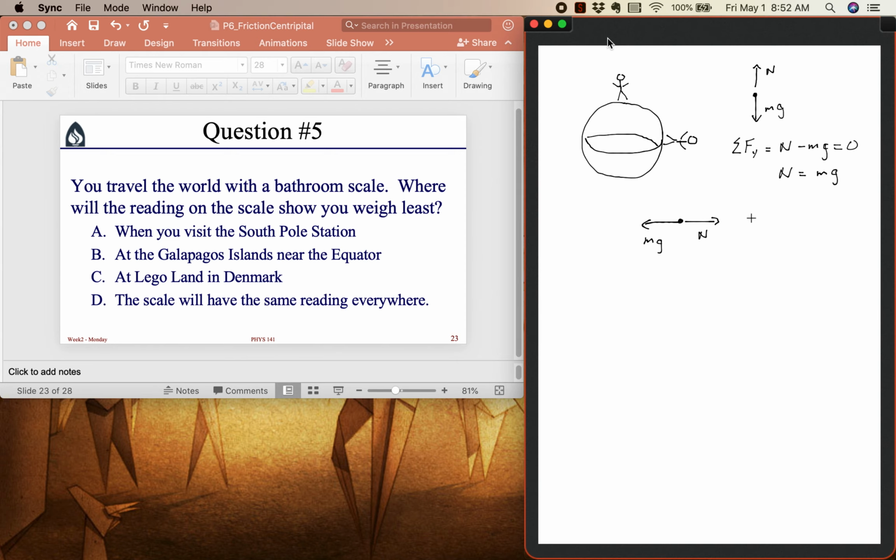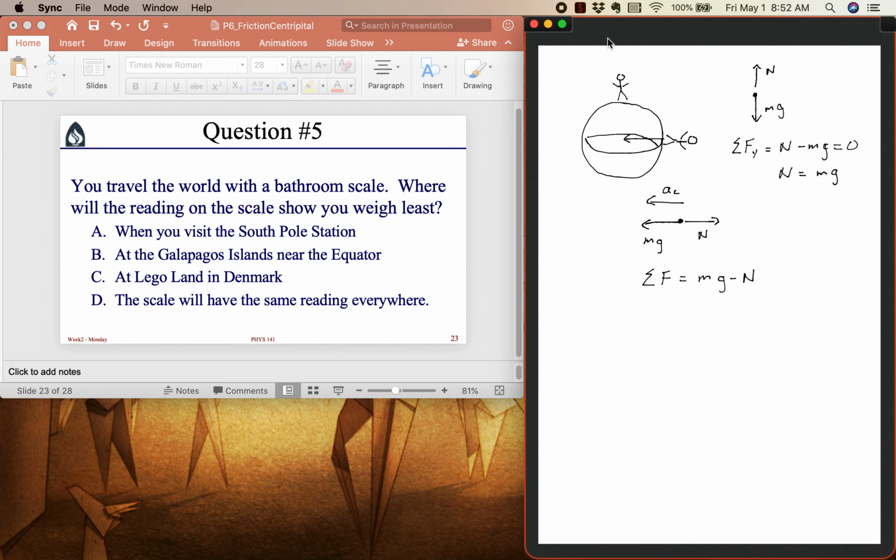Since you're going in a circle, the direction towards the center of the Earth is the direction of centripetal acceleration. So this is the direction of centripetal acceleration pointing to the center of the circle you're traveling in. Now when we sum the forces, mg is towards the center of that circle.